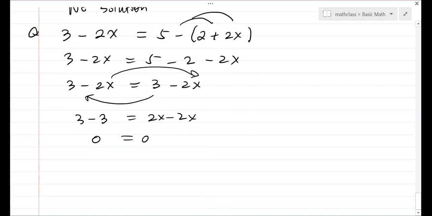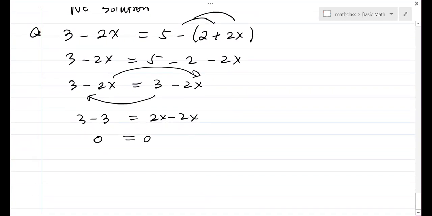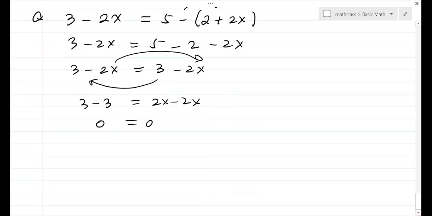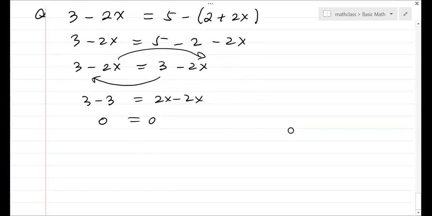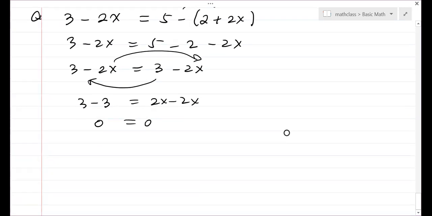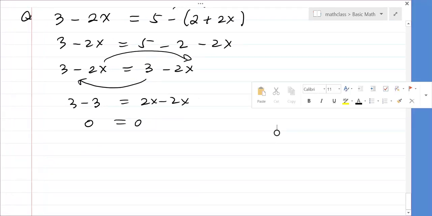X could be 100, 1 billion, 1 trillion, doesn't matter. If you plug that number for x into both sides of the equation, they are equal. So that means any number is a solution.